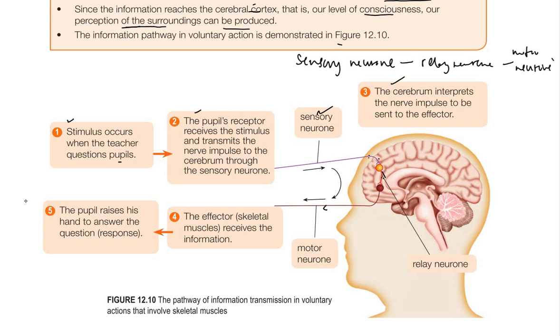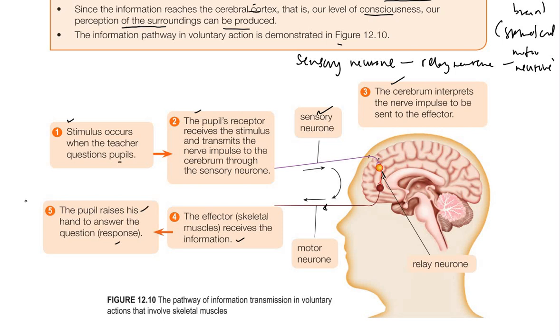This also occurs in the spinal cord and brain; they must have this connection. So from the relay neuron we enter the motor neuron. The motor neuron then sends the impulse to the effector, so the effector receives the information. Then the pupil will raise their hand to answer the question, which is the response.